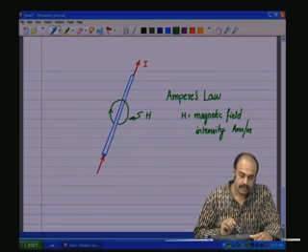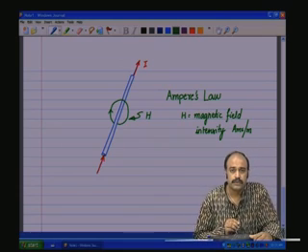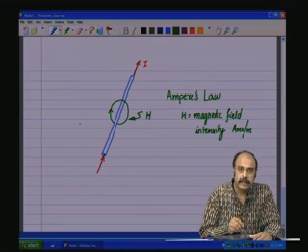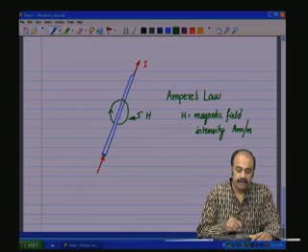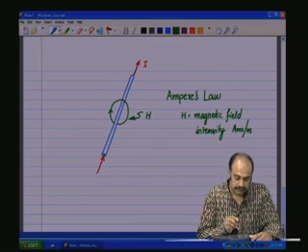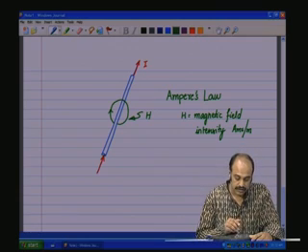In other words, the converse is also true, meaning if there is a magnetic field intensity around a conductor, then there will exist a current which will flow through the conductor. So the converse of the Ampere's law is also true.